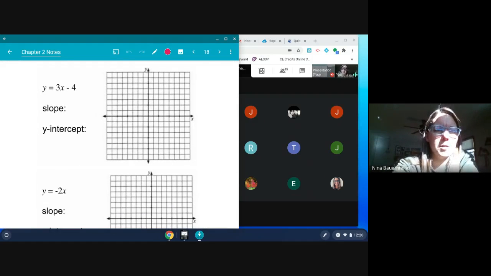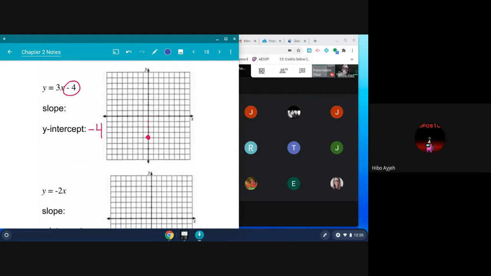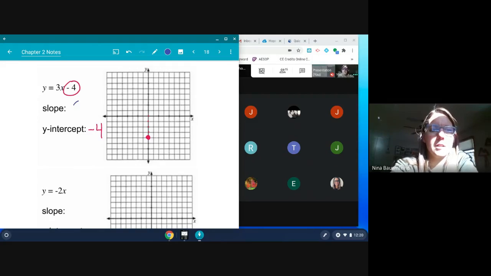Good. And I'm going to include that negative, so I'm going to go -4. We're going to go from the middle, down 1, 2, 3, 4, like that. And then what is the slope? 3 times. Good. So it's 3. And then this is x, so it just means 3 times whatever x.